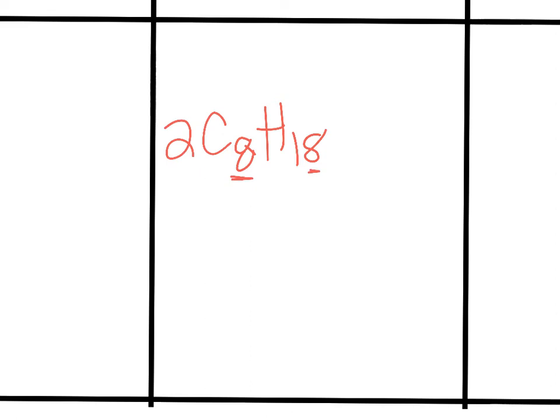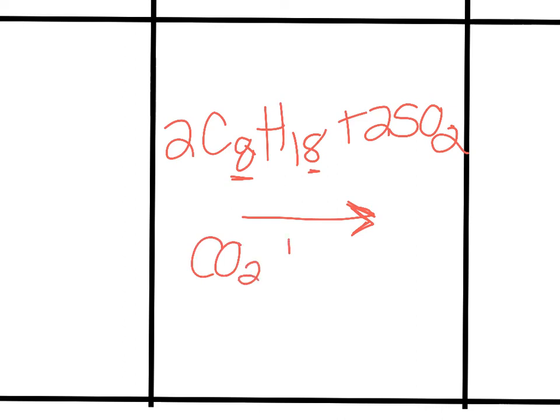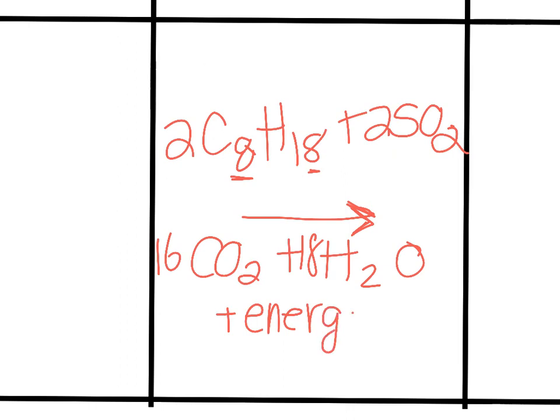Coefficients here. And we know it's going to be plus O2. And you'll usually see a lot of oxygen as well, hence the 25. And we know it's going to break down to CO2 plus H2O, and a lot of it actually too. So that's often an indicator that you have a combustion reaction. You see a lot of carbon, a lot of CO2 molecules, a lot of H2O molecules, and energy.